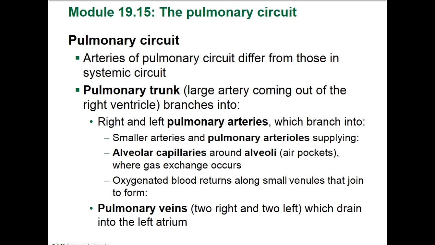Then the oxygenated blood returns along the small venules that join and form the pulmonary veins. There are 2 right and 2 left pulmonary veins, and they drain into the left atrium. And you will recall that this is one of the examples where arteries carry deoxygenated blood and veins carry oxygenated blood.